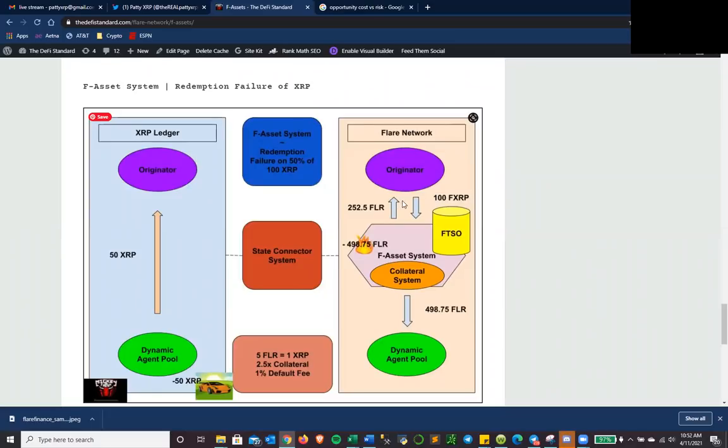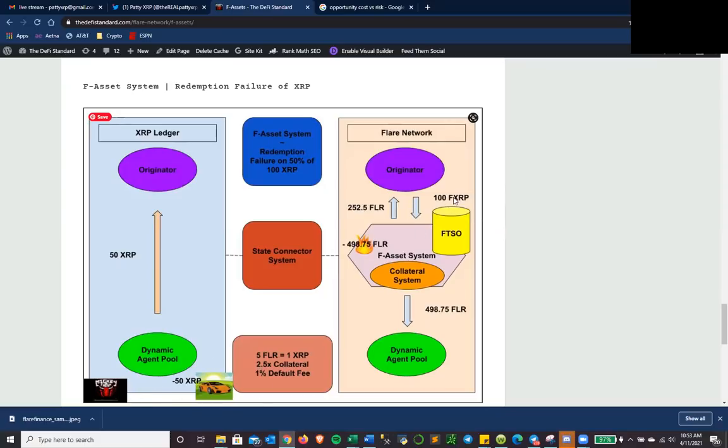So in this scenario, the agent's collateral was 1,250 Spark, and this is assuming that Spark keeps up with the value of XRP. So we still have that same ratio between the two assets. And basically, they're going to deliver you 252.5 Spark to make up for the 50 XRP you lost.